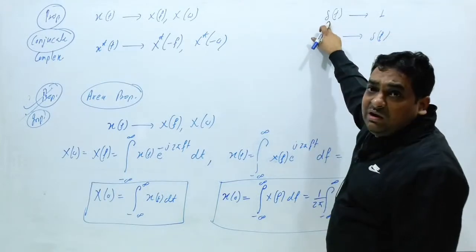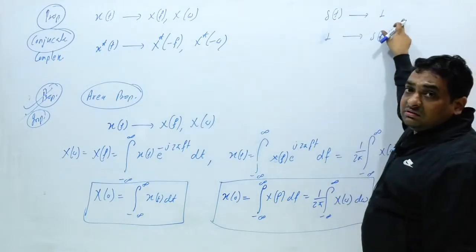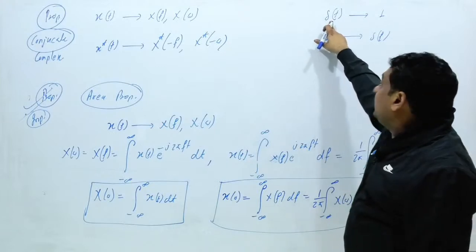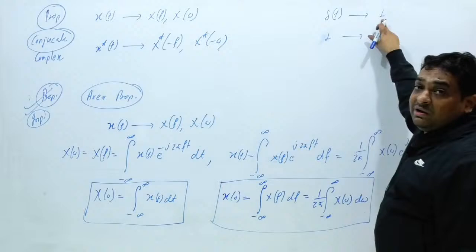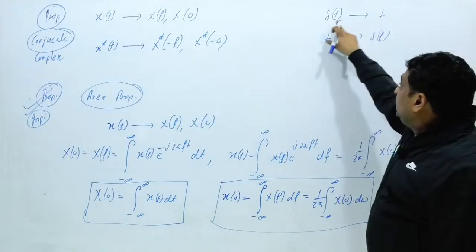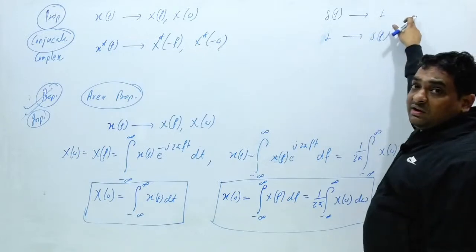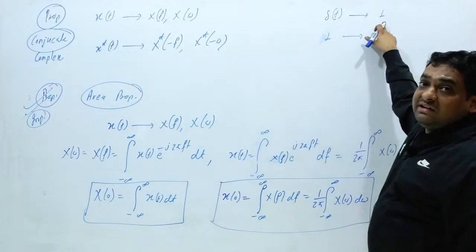What is this value at 0? Delta 0 is infinite, so this area will be equal to this value at 0. So the area of 1 is infinite. Now here this value at 0 is 1, so here the whole area is 1. So this value at 0 is equal to this area, and this area is equal to this value at 0.